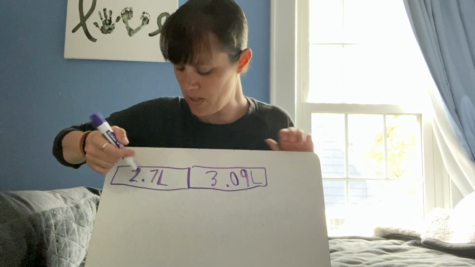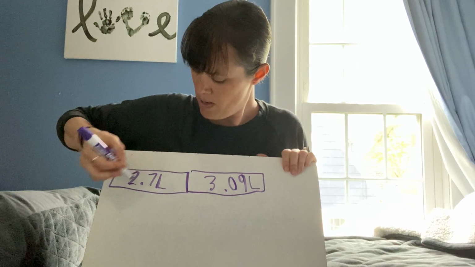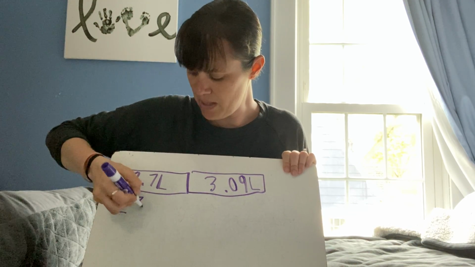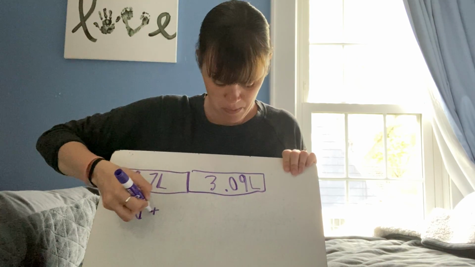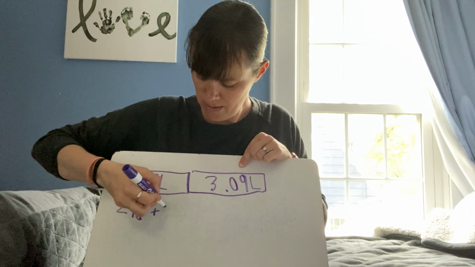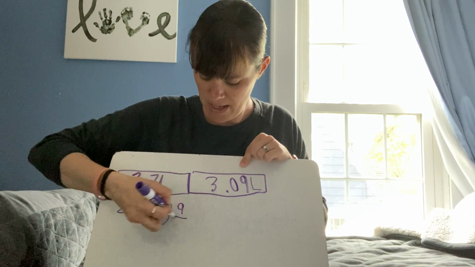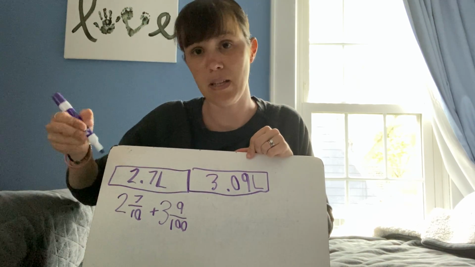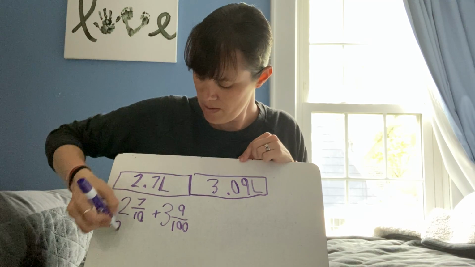So let's write this in fraction form. 2.7 would be 2 and 7/10, plus 3 and 9/100.